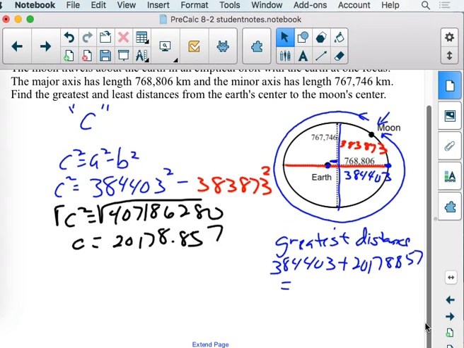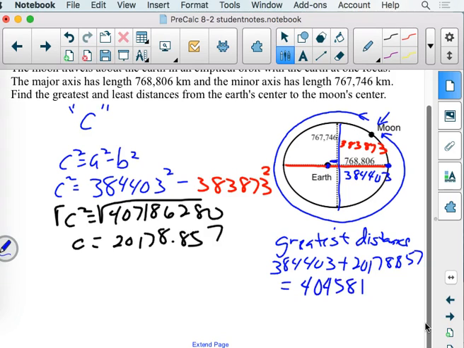That'll be our greatest distance. And there it is. 404,581.857 what? Kilometers.